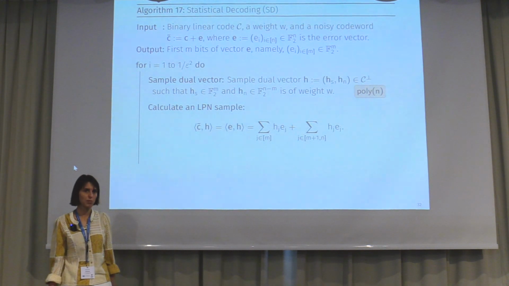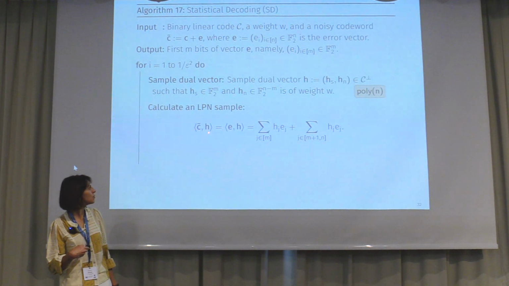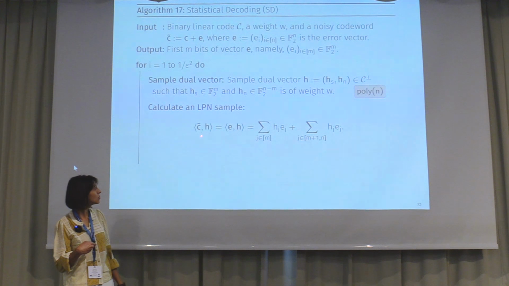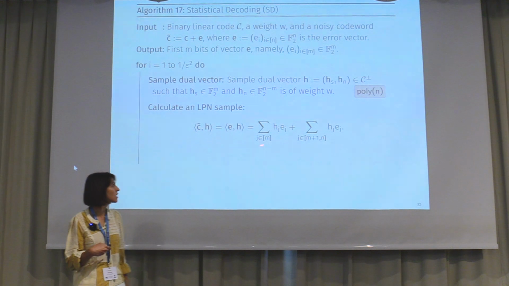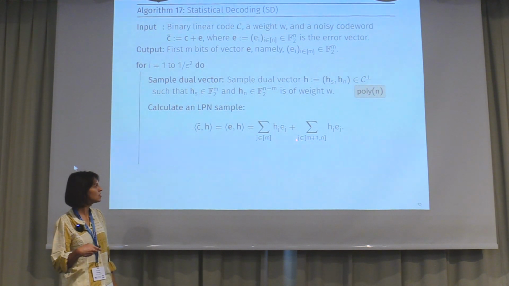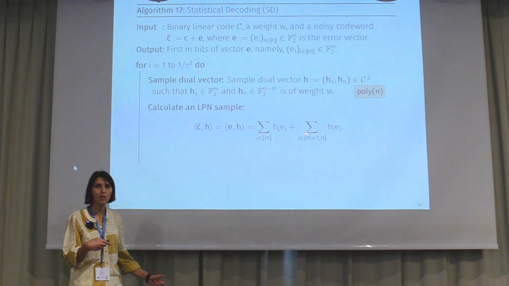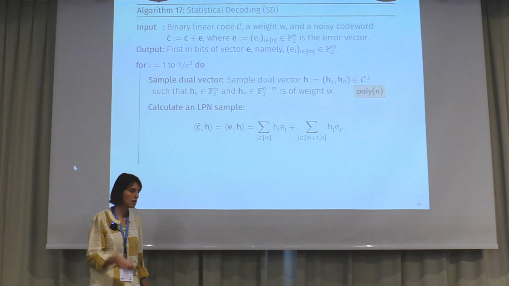and then we calculate what we can basically see as an LPN sample. So we multiply this C tilde with this dual vector H, and what we obtain, as we saw earlier, is basically the inner product between e and H. We will not know what the e is, but we know what the inner product between the two is. And by definition, we can separate this into two parts, the sum that depends on the first m bits and the sum that depends on the last n minus m bits.